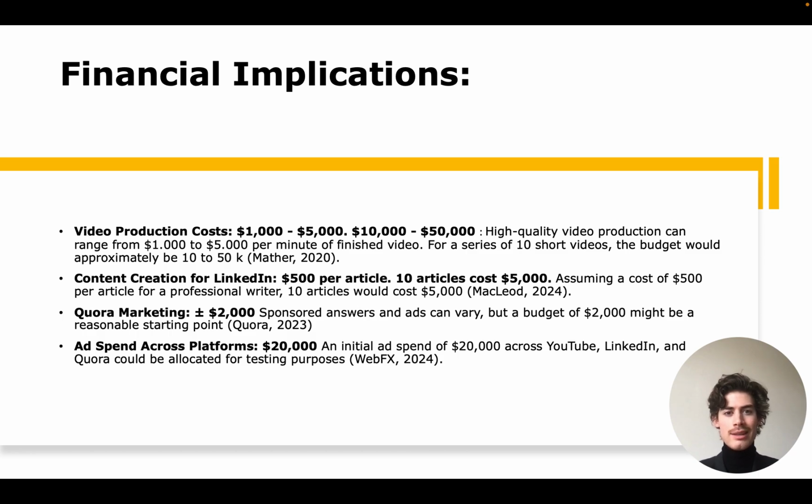Content creation for LinkedIn: assuming a cost of 500 euros per article for a professional writer, 10 articles would cost approximately 5,000. Quora marketing: sponsored answers and ads can vary, but a budget of 2,000 might be a reasonable starting point. Ad spend across platforms: an initial ad spend of 20,000 across YouTube, LinkedIn and Quora could be allocated for testing purposes.